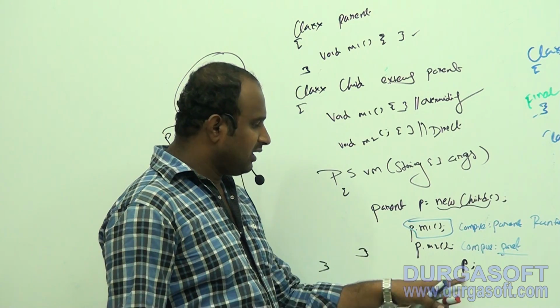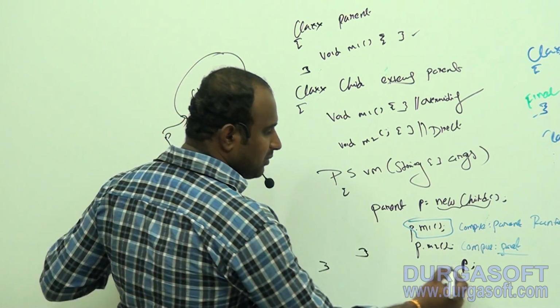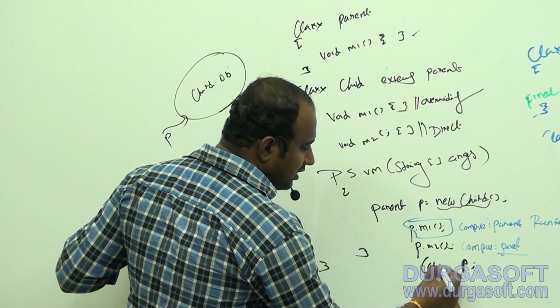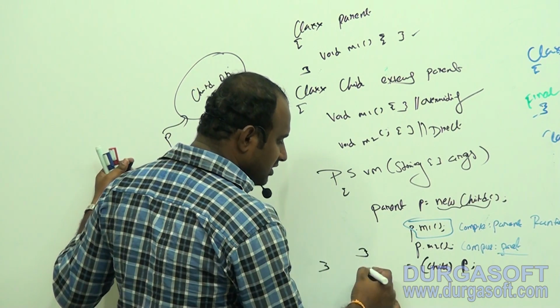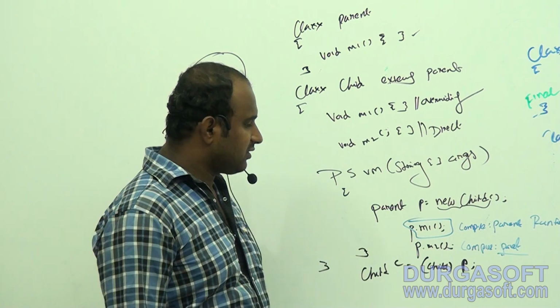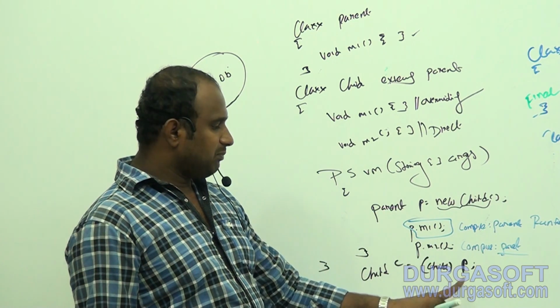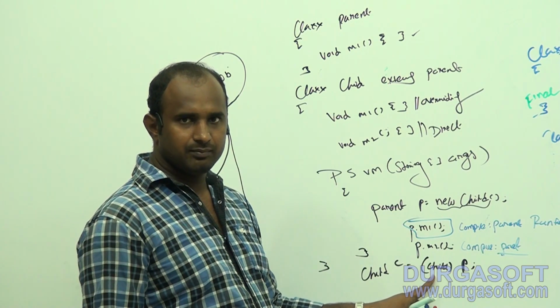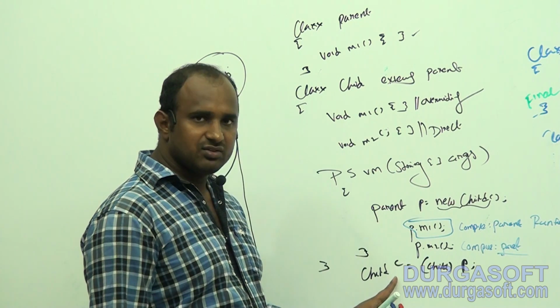Parent reference variable internally contains which object? Child object. Then I am converting that parent reference variable to which type here? Child type. Then obviously it returns which object here? Child c. So concentrate. Directly it is not possible to access the M2 method. That's the reason I am converting parent to child type. And it returns which object here? Child c object.